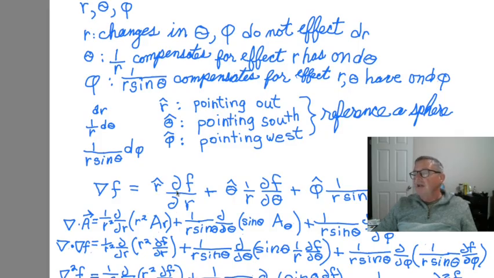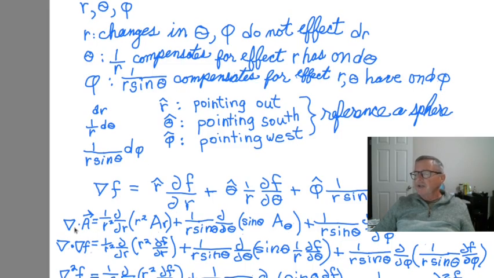Here's the partial of the function with respect to r, with respect to theta, and with respect to phi. And you notice here's the correction factor, 1 over r, and 1 over r sine theta. Those are the correction factors, which is mentioned up here. If you want to read through that, and you can read my cursive writing, then you're probably better than most.